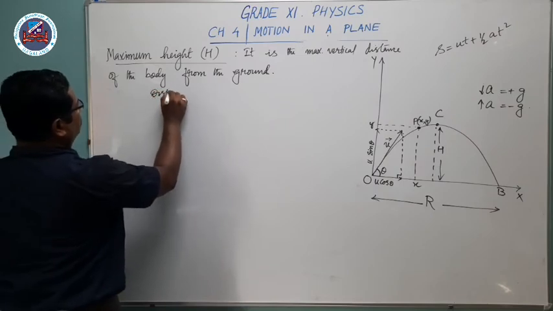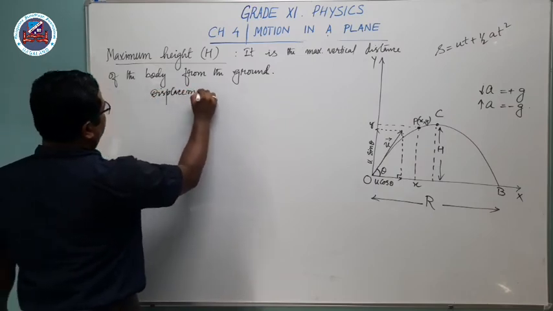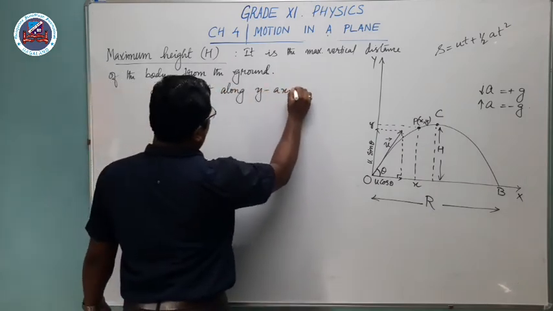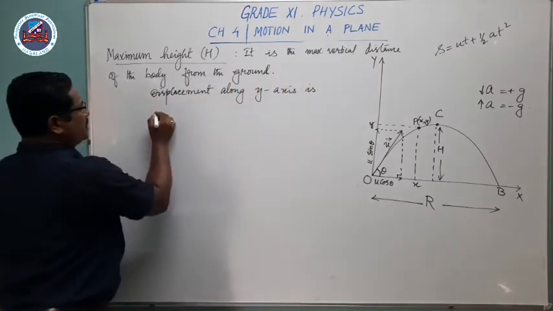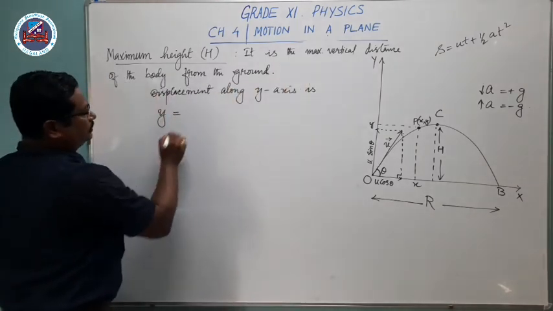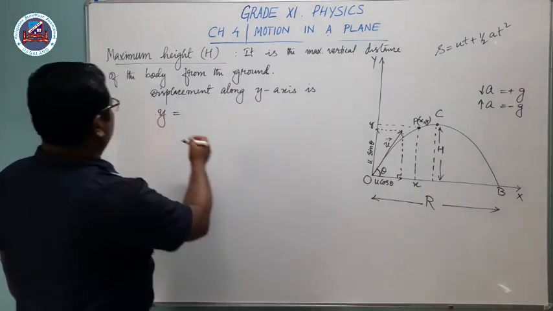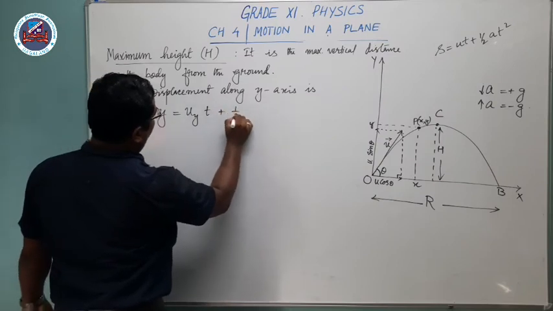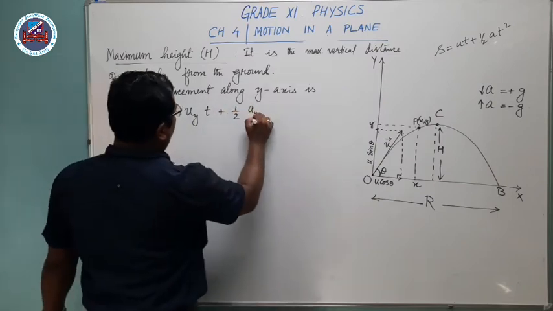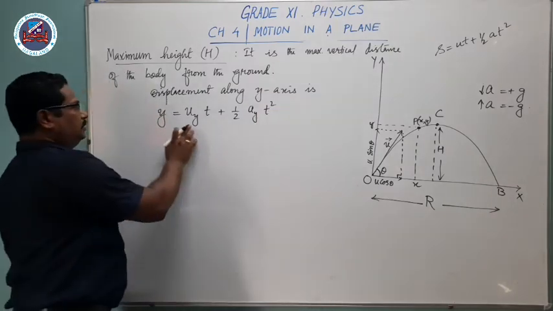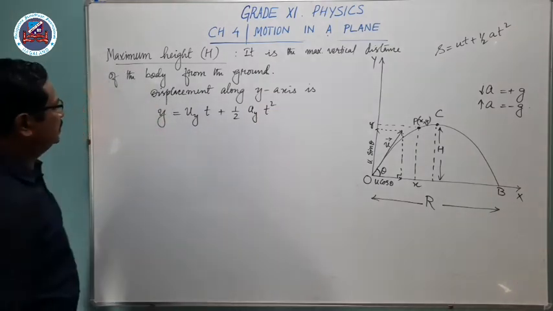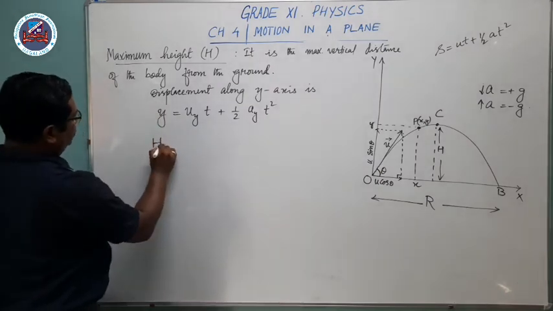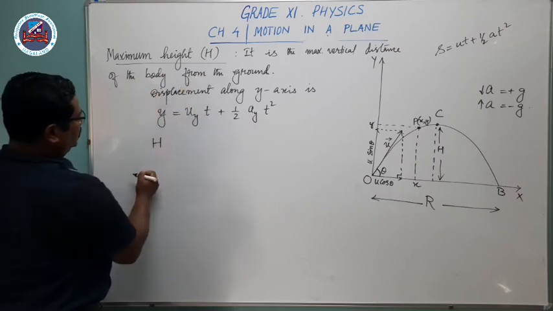Displacement along the y-axis is y is equal to uyt plus half ayt square, like s equal to ut plus half at square. Now here the maximum vertical distance, we are calling it the maximum height of the projectile or the body.